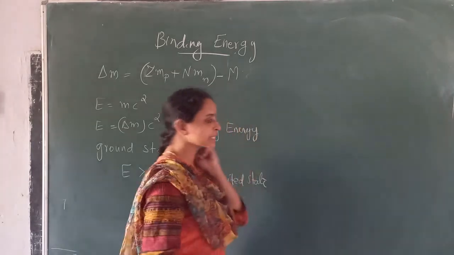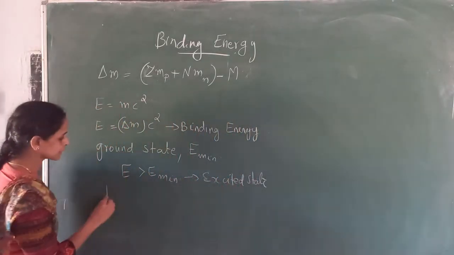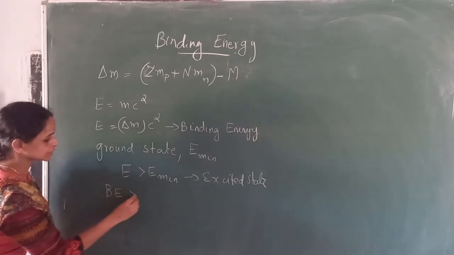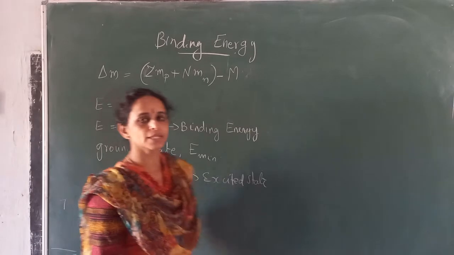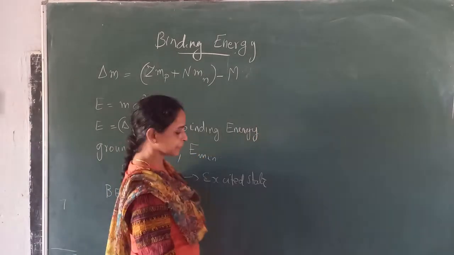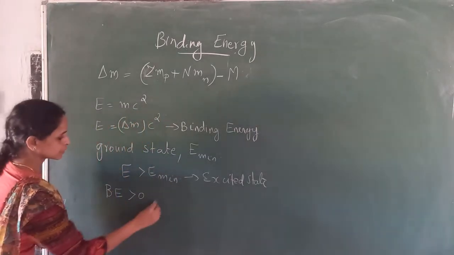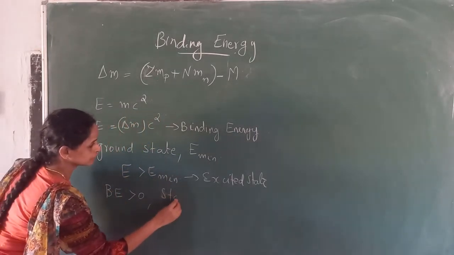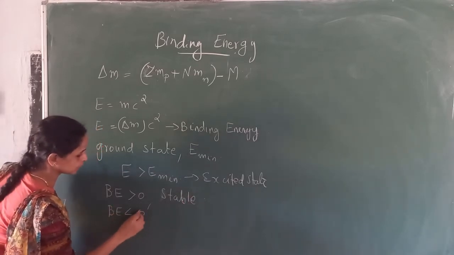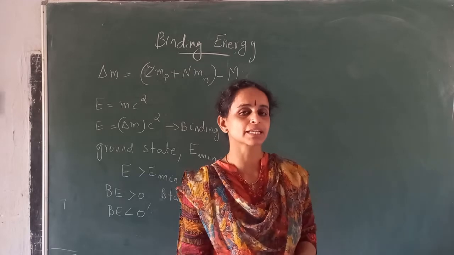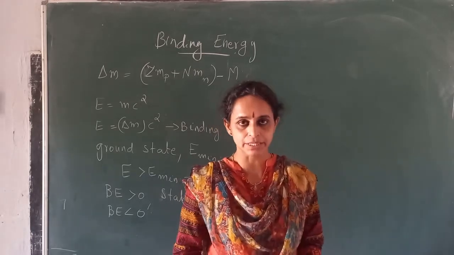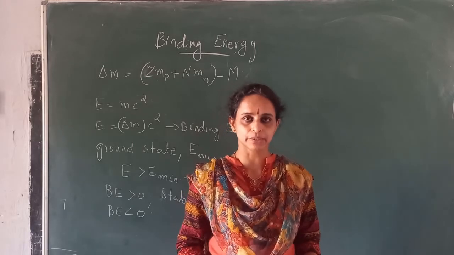If the binding energy is greater than 0, the nucleus is stable. That means we have to supply energy to the nucleus. If the binding energy is less than 0, that means during disintegration energy can be released. So there is no need to supply energy to the nucleus to disintegrate.